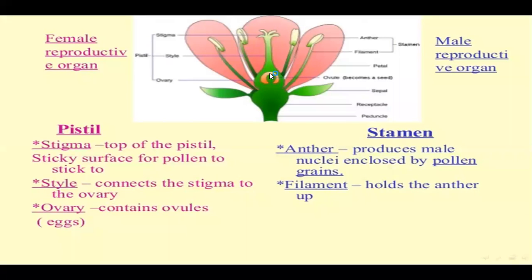The style connects the stigma to the ovary. The next one is the ovary, which contains ovules, called eggs. The stamen has the anther, which produces male nuclei enclosed by pollen grains. The filament holds the anther up. See, this is a supportive structure. So these are the female reproductive organs and these are the male reproductive organs. I hope you understand.